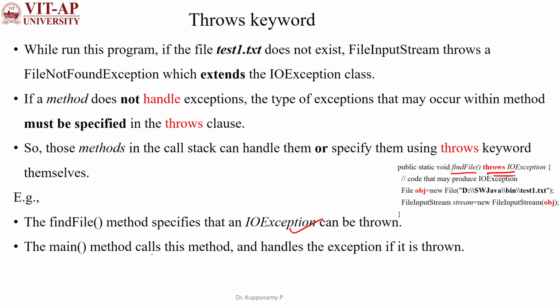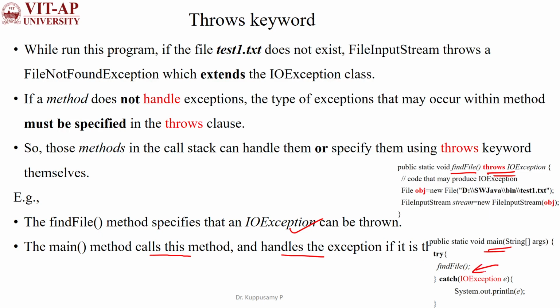Also, the main method calls this method and handles the exception, as shown here. The main method is calling that findFile method, and it handles the exception thrown from the method defined here by using the catch clause. Here the exception should be similar to what we have declared here.